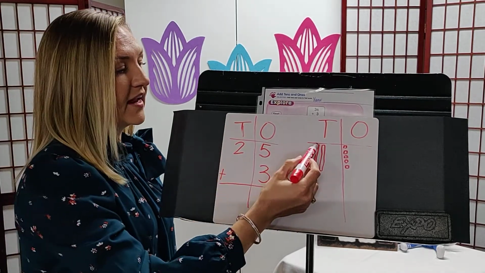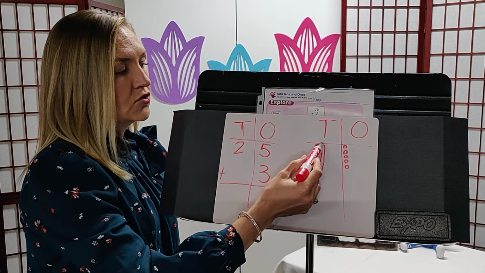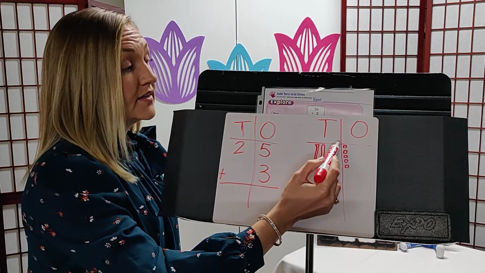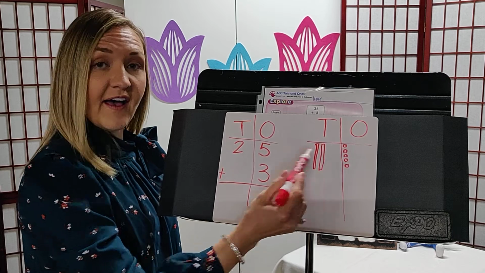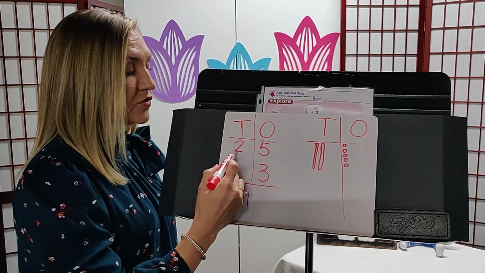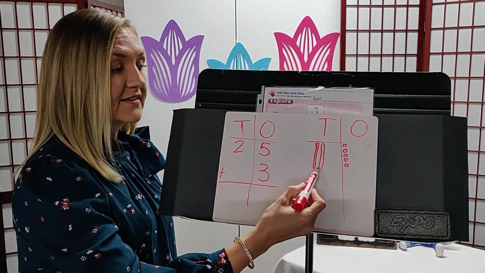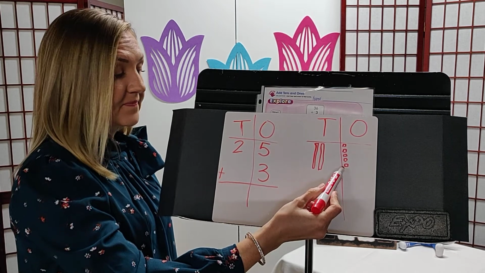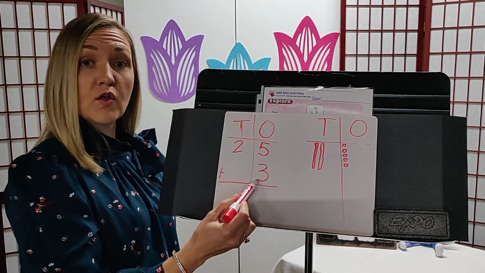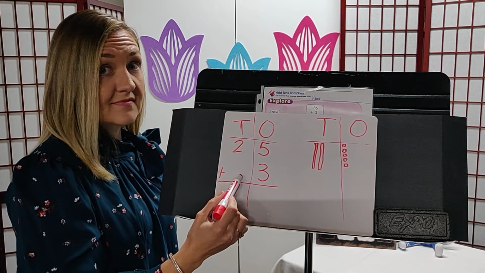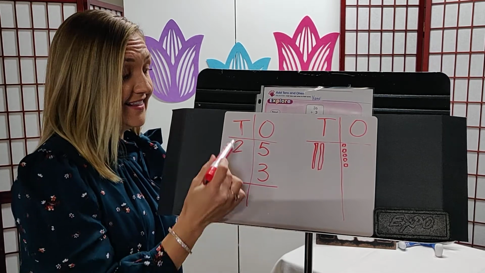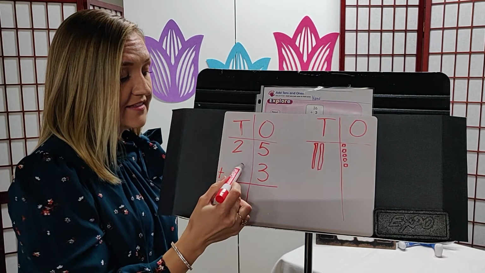Here's how I would count that: 10, 20, 21, 22, 23, 24, and 25. Okay, so I have shown 25 with tens blocks and ones cubes. I'm going to do the same thing for 3. When I look at 3, it has nothing in the tens column, so this is like a 0.